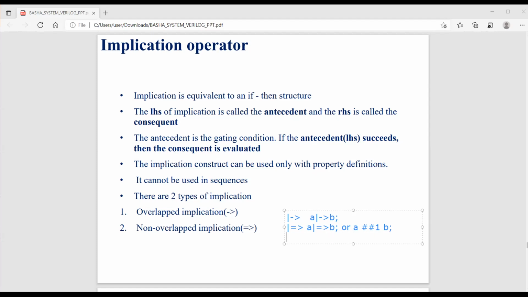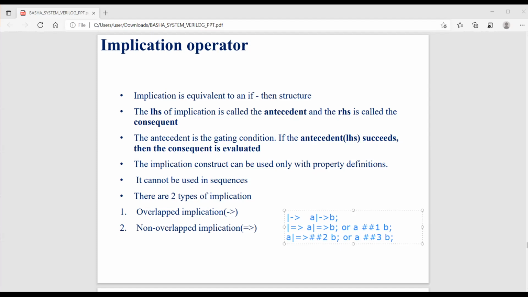And if you want A to be high, and overall after 3 clock cycles, this consists of 1 clock cycle and double hash 2 consists of 2, so 2 plus 1, 3. After 3 clock cycles, your B should be high. So this one, you can simply write like this also.